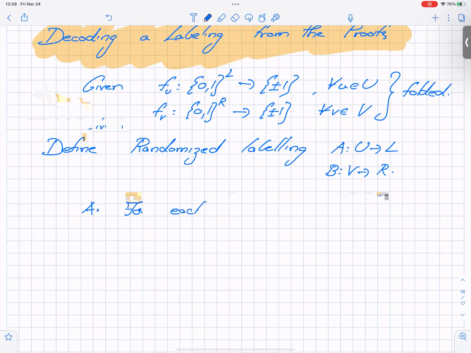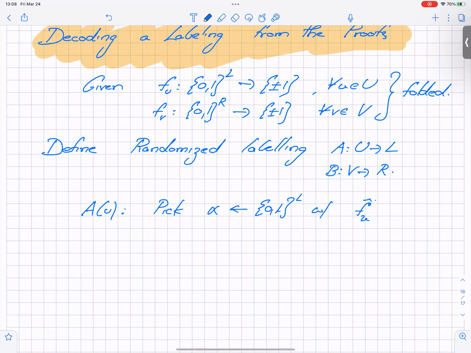For each U, I define A_U: first pick alpha from {0,1}^L with probability f hat u squared of alpha. Then pick a random a in the support of alpha.